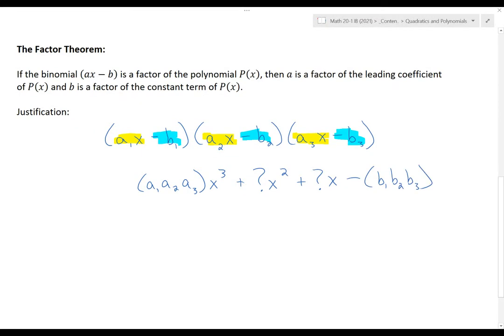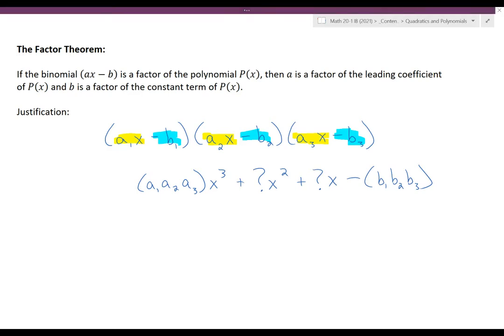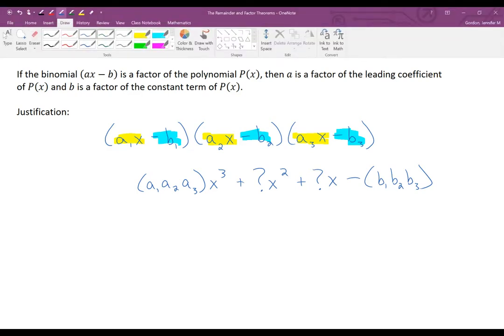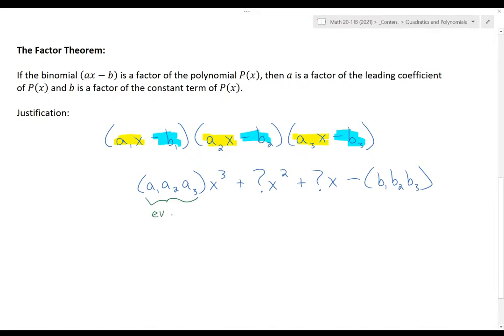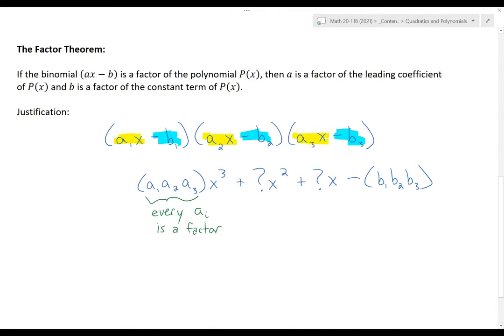So the original polynomial had a leading coefficient of a1, a2, a3, and a constant term of negative b1, b2, b3. What's important to note here then is that for this leading coefficient, every a value, so every ai, whether that's a1, a2, or a3, has to be a factor of this because it is just all of them multiplied together.